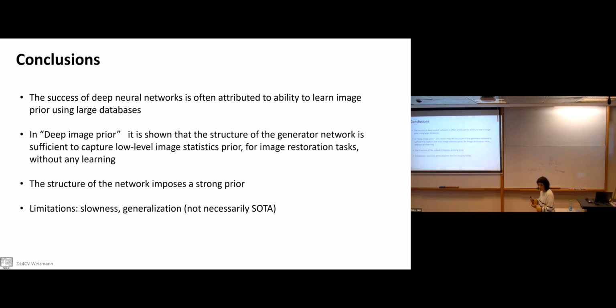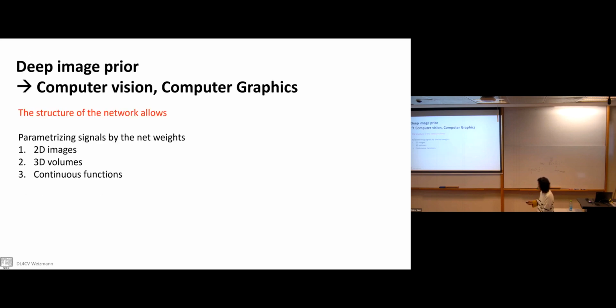Limitations: slowness, because every time you need to take the image and do the training and test, and it takes time, and therefore you do not have generalization. It's training per each task. But actually it paved the way to many nice ideas in 3D, in 2D, and there is a stream of thousands of works that rely somehow on this idea of implicit representation of the signal. We're going to dive into it in this lecture and then in the next lecture.